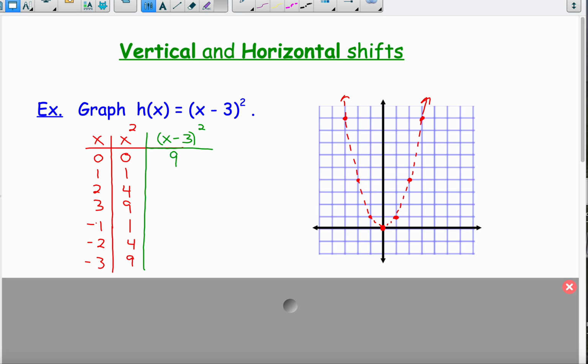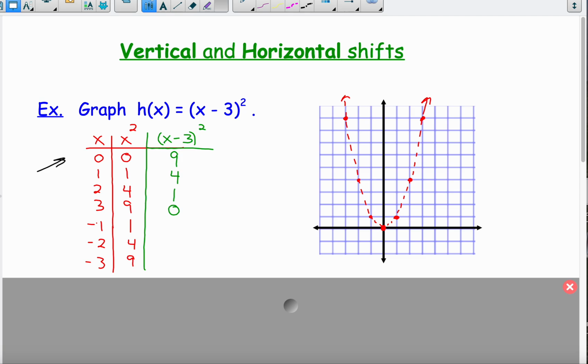When I plug in 1 for x, so just to make sure you're following where I'm looking, these are my inputs, and then these are going to be my outputs. So I'm plugging in 1 for the x, 1 minus 3 is negative 2, squared is a positive 4. When I plug in 2 for x, 2 minus 3 is negative 1, square that I get 1. When I plug in 3 for x, 3 minus 3 is 0, squared is 0.